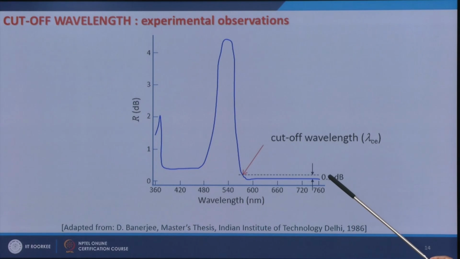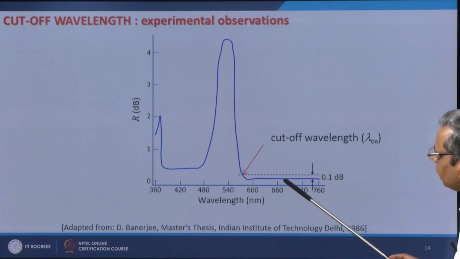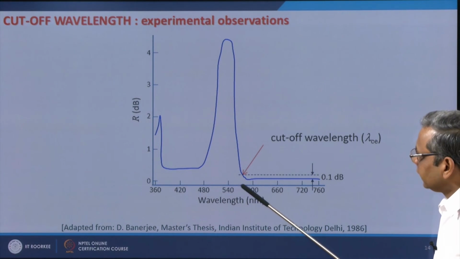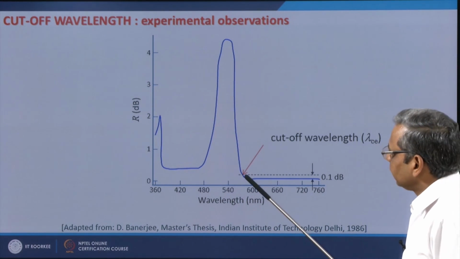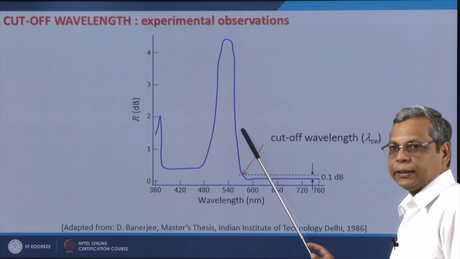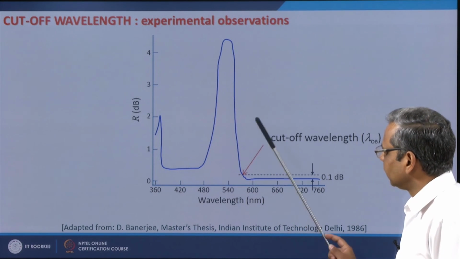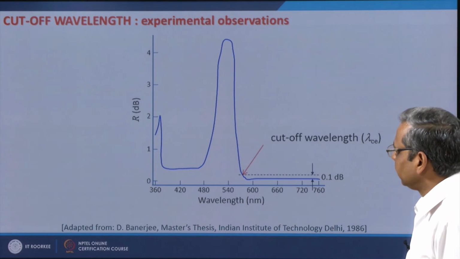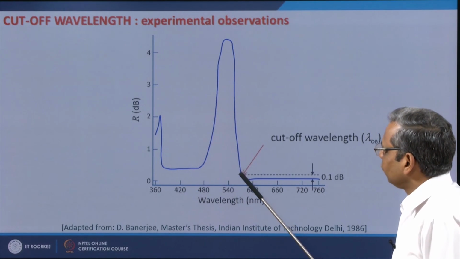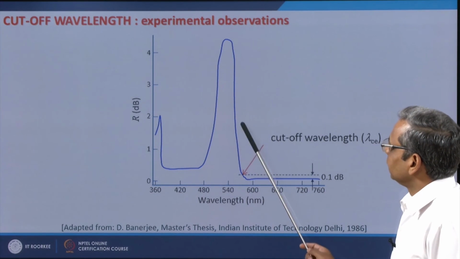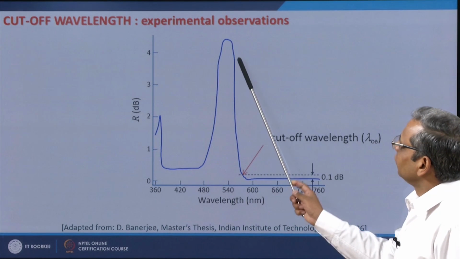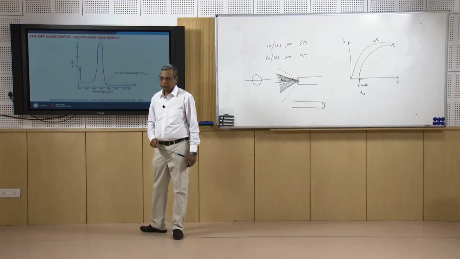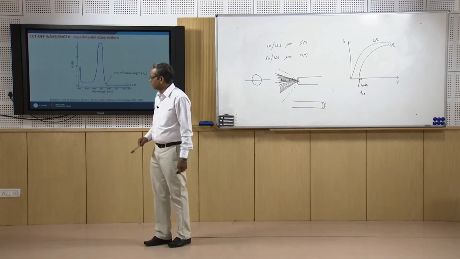So, at longer wavelengths I have low bending loss, and when I keep on decreasing the wavelength, then around this wavelength it starts increasing, because now the power goes into the LP11 mode, which is spread into the cladding, and then a further decrease in the wavelength will increase the bend loss, and after that all the modes are confined in the core.